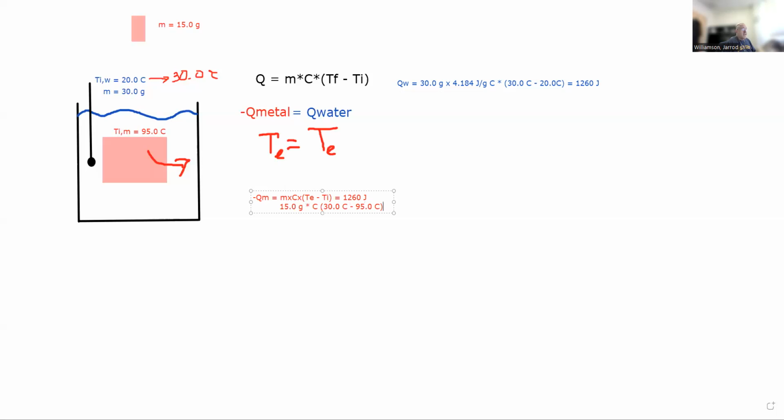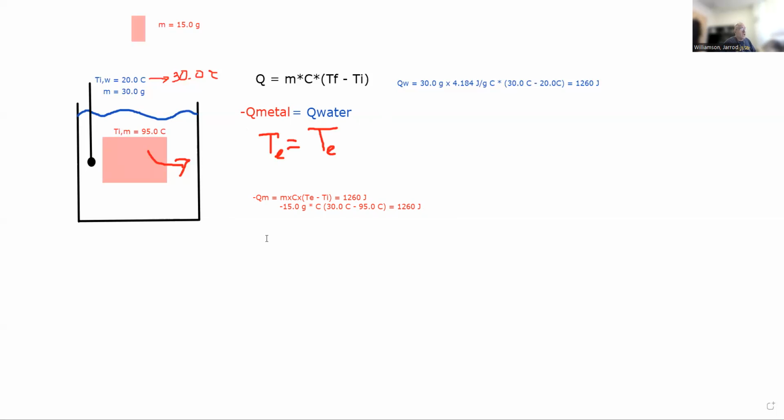See, that's going to give me a negative value, equals 1260 joules. 30 minus 95 is going to give me a minus sign. Fortunately, I have this extra minus sign that is put in over here. Do you guys see that? That's why we put the minus sign over here in front of Q metal, because it's heat leaving.